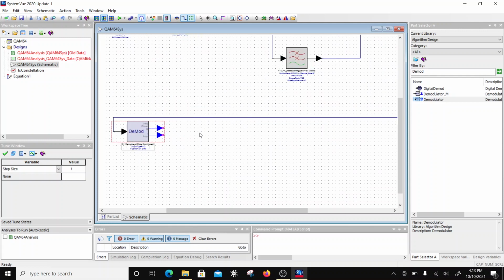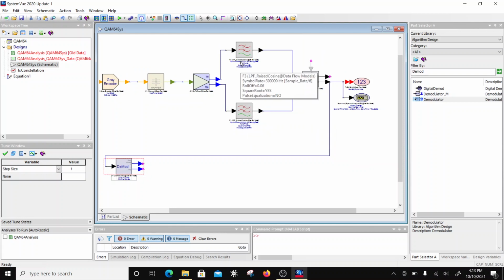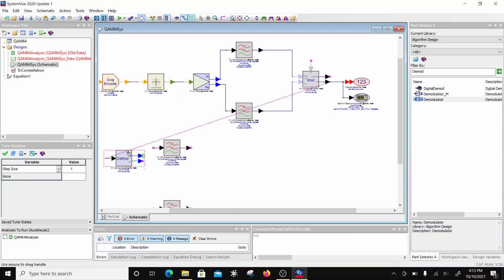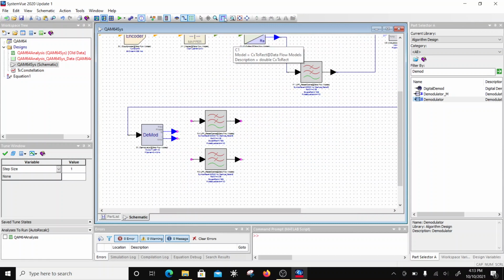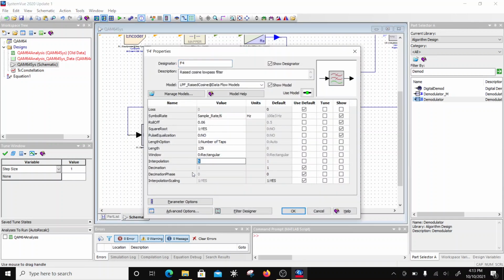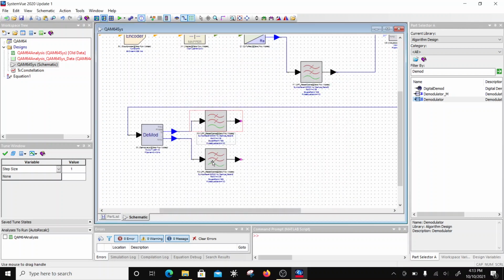Okay, so this demodulator is done, and then after that I'll take these two channels and put the same filters but with decimation this time. So I'm going to go here. Okay, so that's fine. Here I'm going to put a decimation of 5. So interpolation is not there, decimation 5, and decimation delay is 3.